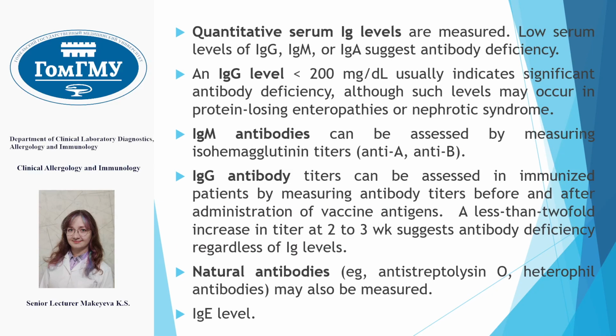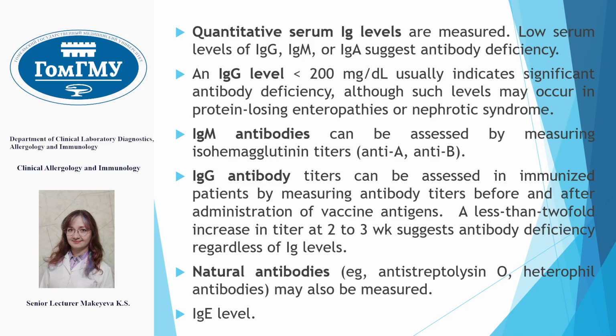Quantitative serum Ig levels are measured. Low serum levels of IgG, IgM, or IgA suggest antibody deficiency. An IgG level less than 200 mg per deciliter usually indicates significant antibody deficiency. Also, such levels may occur in protein-losing enteropathies or nephrotic syndrome.